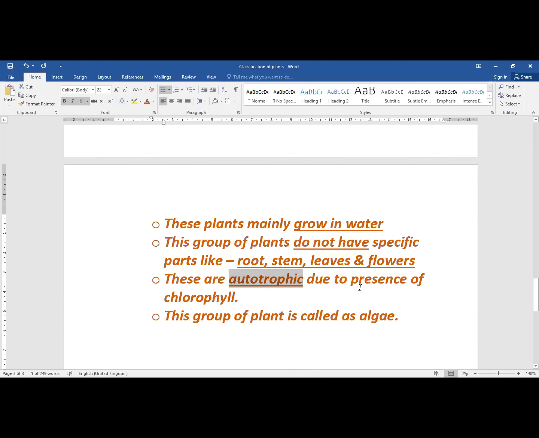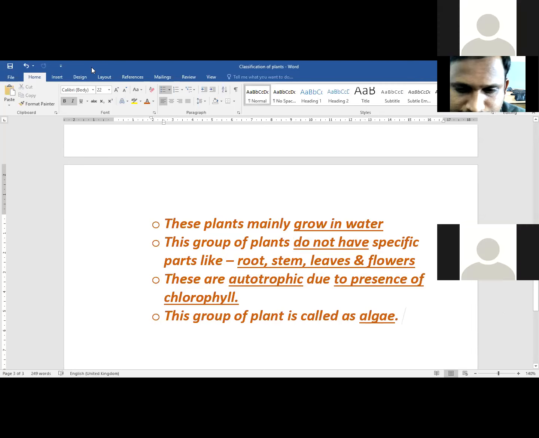Presence of chlorophyll. And these are what we call algae. Getting it? Yes, sir. Yeah. All right.